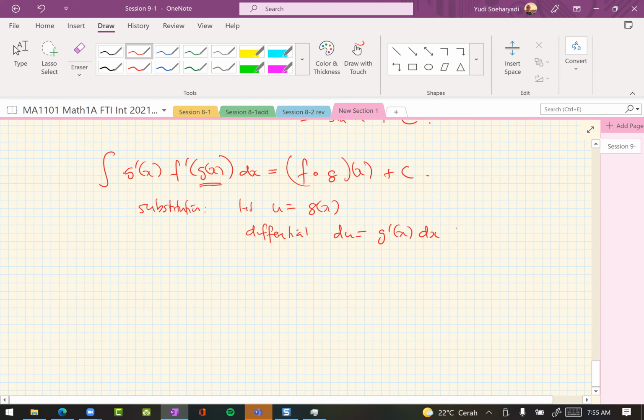Using this substitution, that's your du. So this becomes the indefinite integral, so this is du.